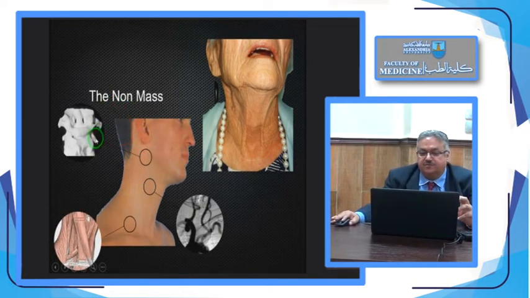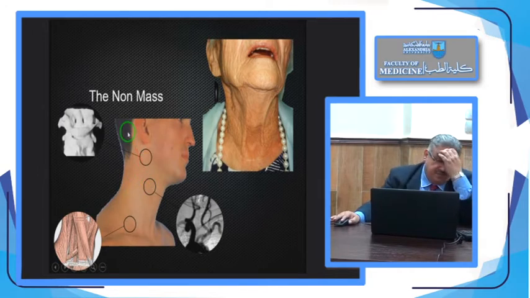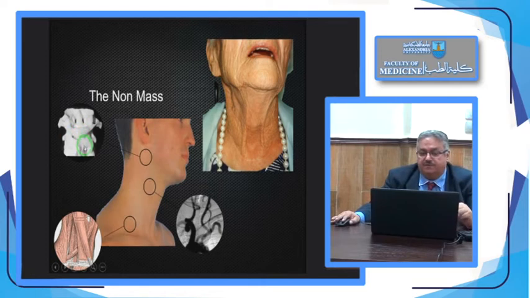So the transverse process of cervical vertebrae, the carotid bulb, and the inferior belly of omohyoid. You can feel it and you might think that it's a mass. It's not. So you need to think twice.